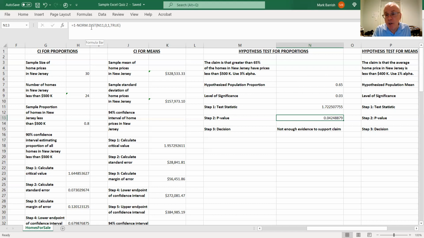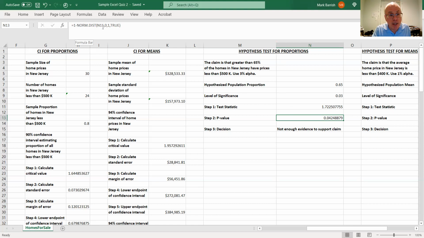That's like normal CDF. But notice I say 1 minus that. Why? Because NORM.DIST is going to find the area to the left of the test statistic, and this is a right tail test. I'm interested in the area to the right. So 1 minus the area to the left is going to be the area to the right. That's why I'm using 1 minus NORM.DIST.